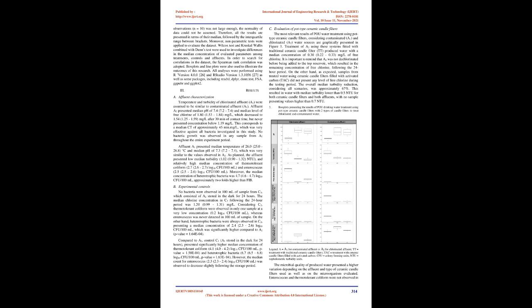Compared to A1, control C1, A1 stored in the dark for 24 hours, presented significantly higher median concentration of thermotolerant coliform, 4.1, 4.0 to 4.2 log 10 CFU/100 ml, p-value equals 1.58 times 10 to the power of -4, and heterotrophic bacteria, 6.7, 6.5 to 6.8 log 10 CFU/100 ml, p-value equals 1.63 times 10 to the power of -4.